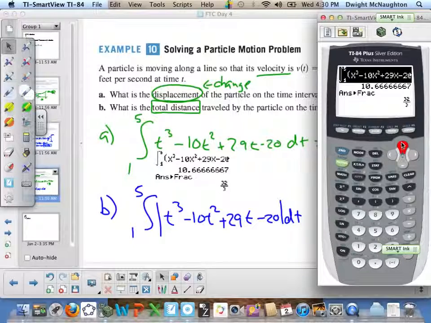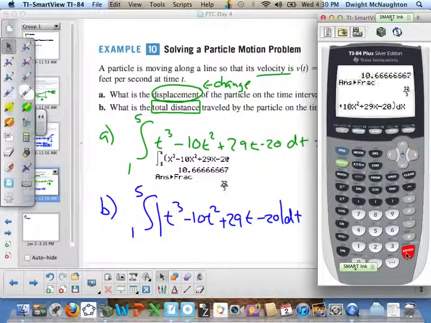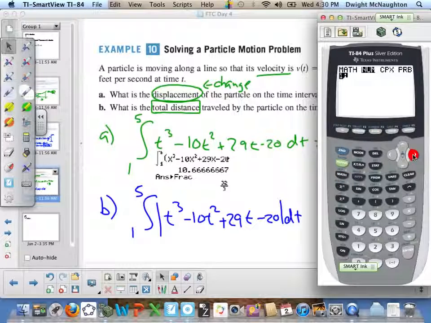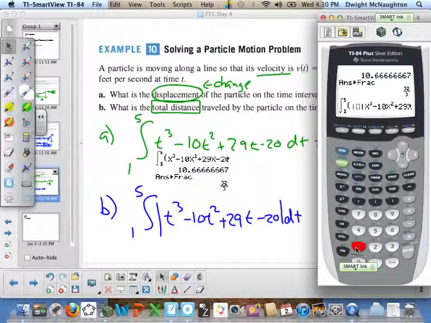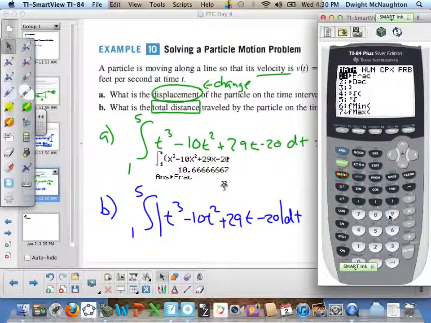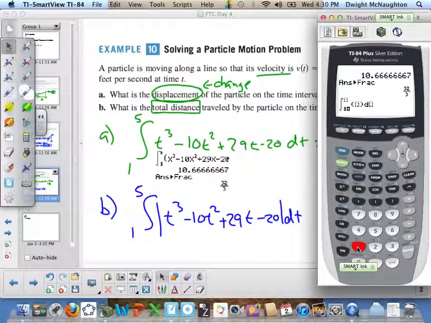We just need to insert an absolute value. Let's see if I can insert an absolute value here. All right, I'll put my cursor there. I'll do second insert, math, number, absolute value is the first choice. And no, it's not letting me. So I'll just clear everything and start over. Math 9, same limits, 1 to 5.